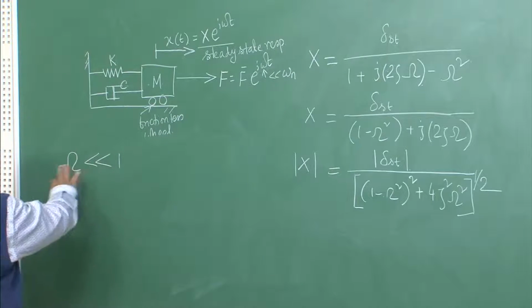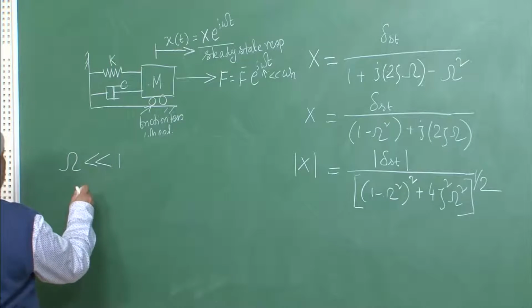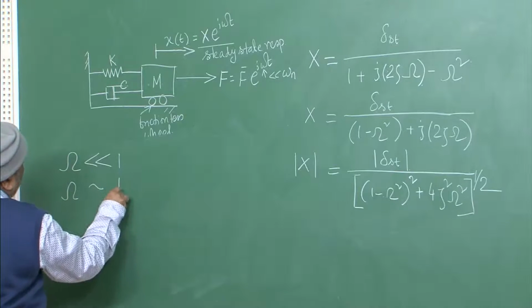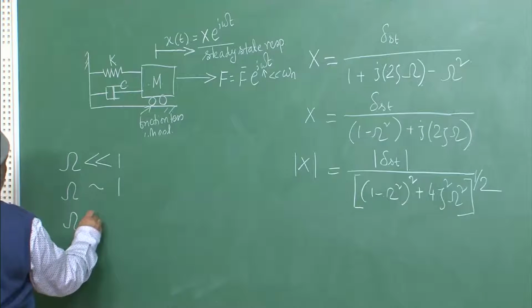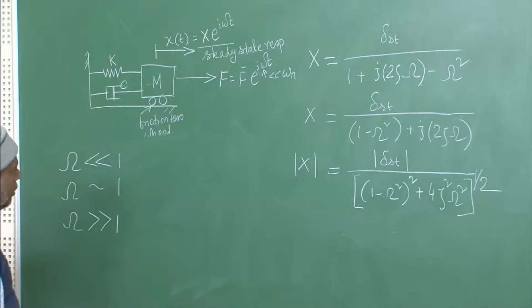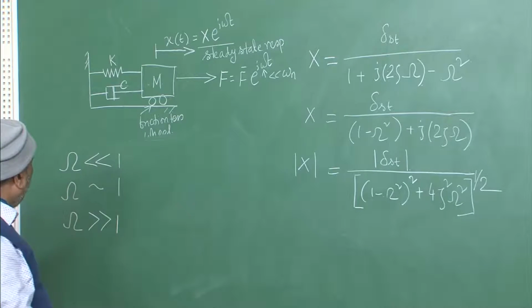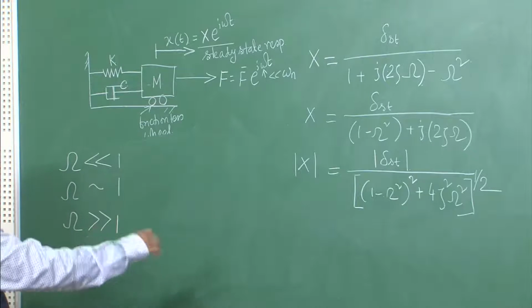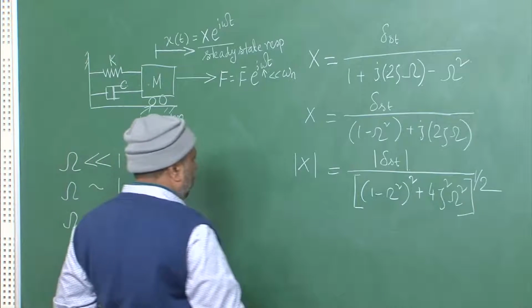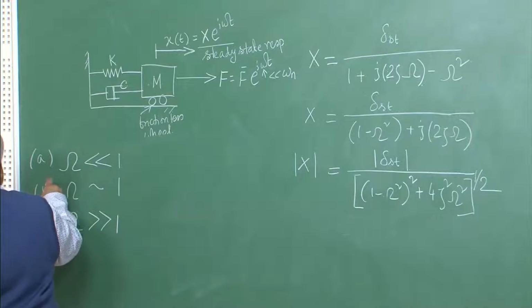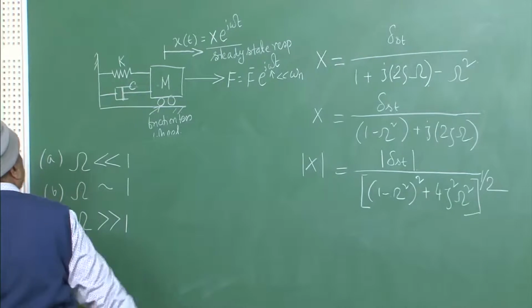Then omega is approximately unity, and then omega is much greater than unity. Now, let us see as an engineer what will be approximately the response of the system under these 3 conditions. This is our case A, this is case B, and this is case C.